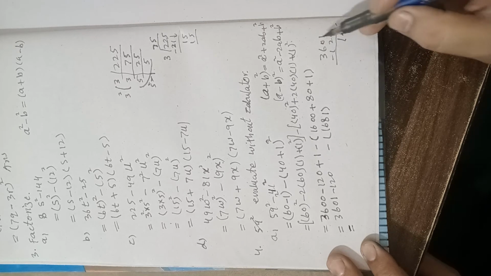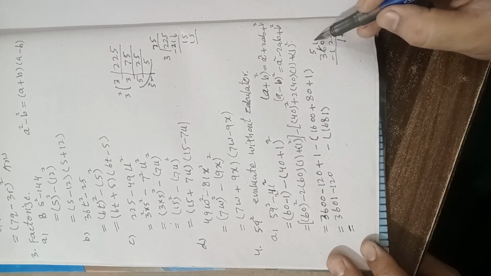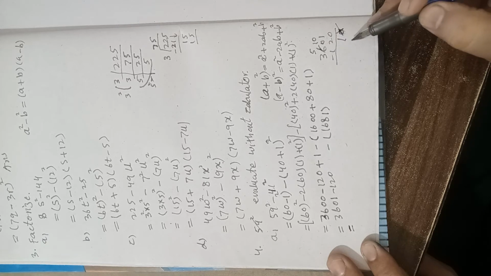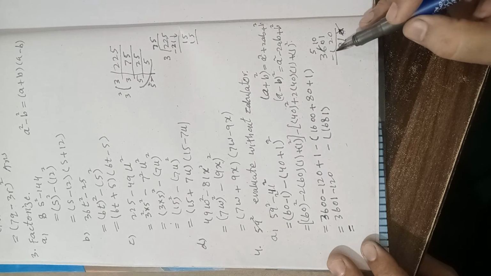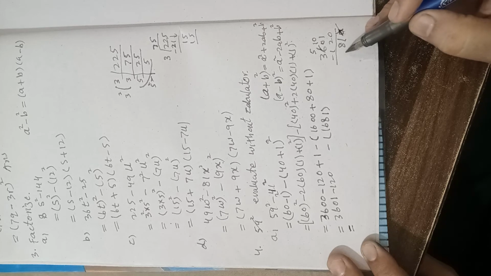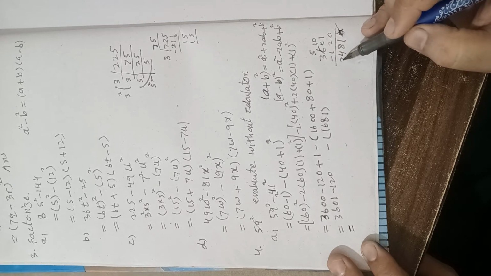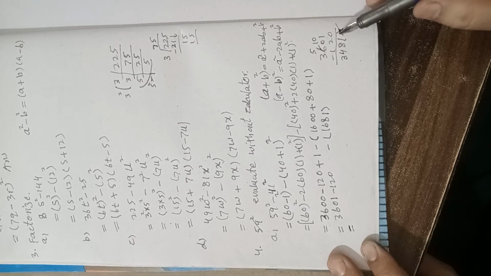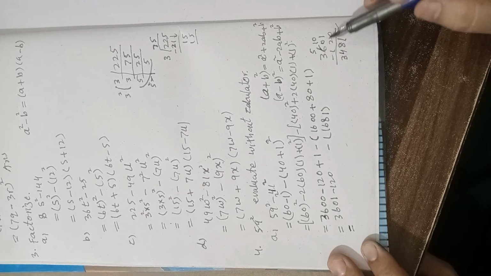And when 2 is subtracted from 0, cancel this 6 and write here 5, get carry and give it to this 0, and from 10 when you remove 2, the answer will be 8, and from 5 subtract 1, answer will be 4, and this 3 will be as such. So when 120 is subtracted from 3601, the answer is 3481.